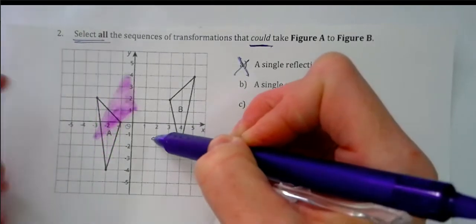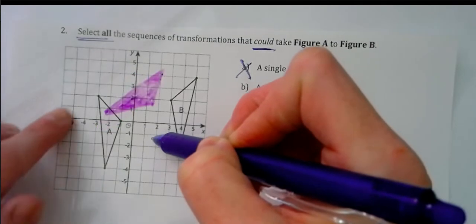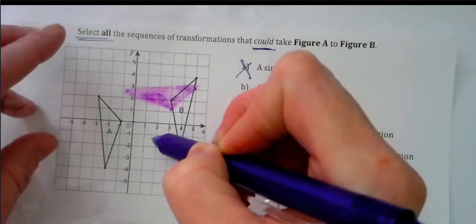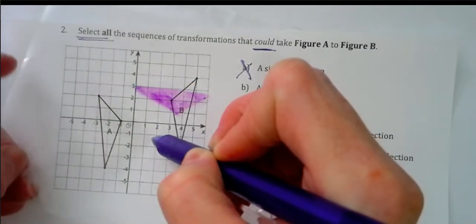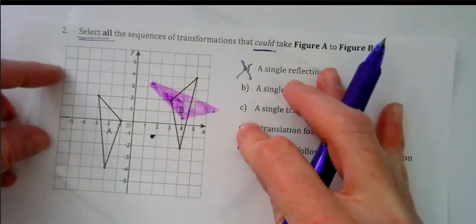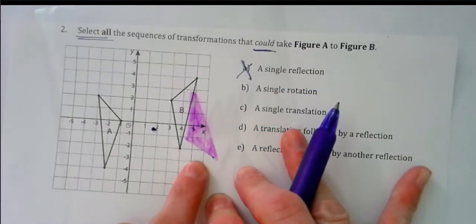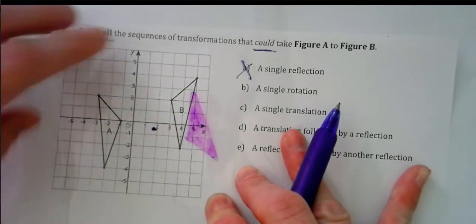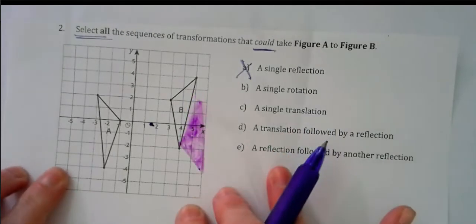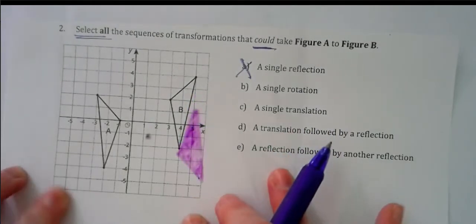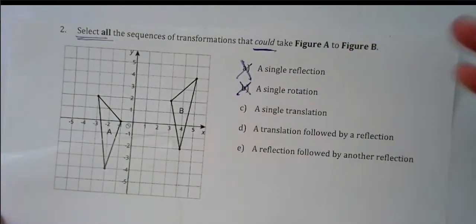If I rotate 90 degrees, no matter where it's at, my shape definitely doesn't fit. But if I were to go more than 90, closer to maybe 180, the short side is on the bottom and the long side is on the top. And in my figure B, my short side is still on top. So a single rotation is not going to get me what I need, no matter where the center is. So a single rotation is out.